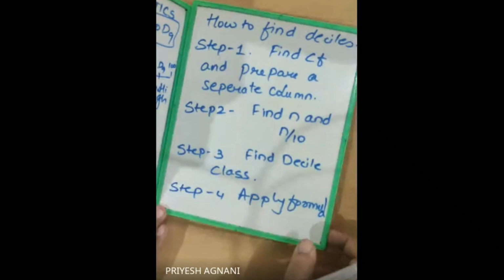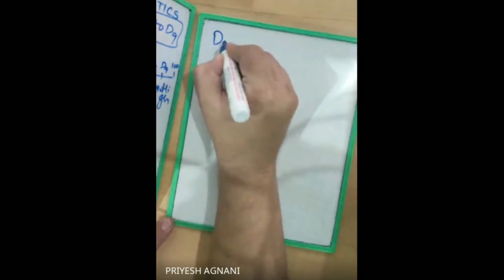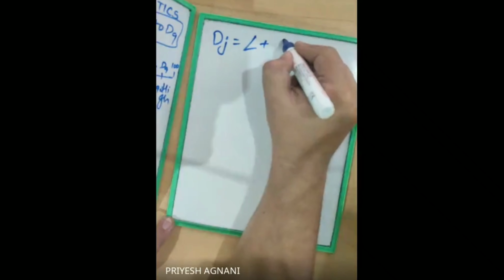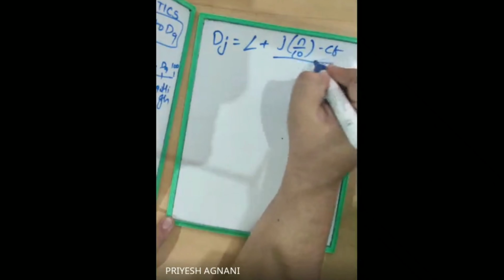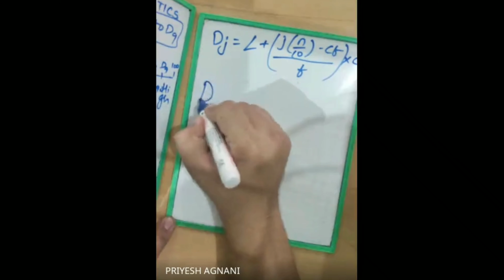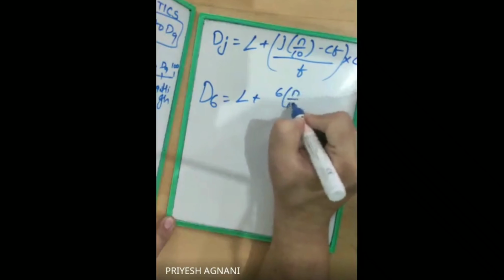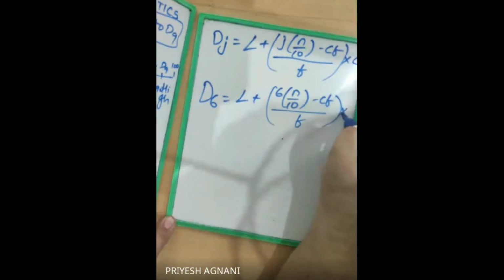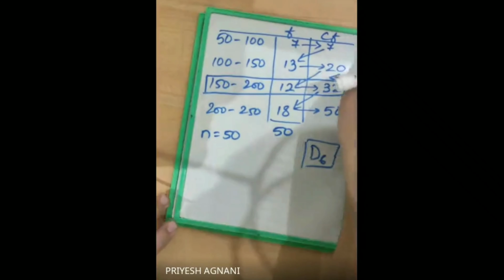Okay. What does the formula say? Formula is same as quartile. For example, D of J is equal to L plus J n upon 10 minus CF upon F whole multiplied by C. Here D6 is given, so L plus 6 n upon 10 minus CF upon F multiplied by C. So let us see what is L over here.